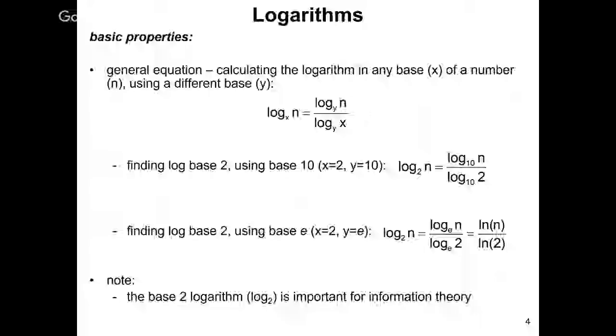Usually it's log 10 or the natural log, but we are going to be talking about base 2 pretty often. We'll talk more about that in a minute, but this is just showing an example where if you have log base 2 and base 10, x equals 2, y equals 10, and that's what it would look like. Because your y is 10, they're both base 10, and this x moves down to here. So the 2 would move to right there.